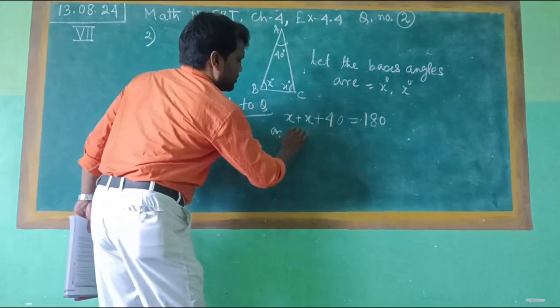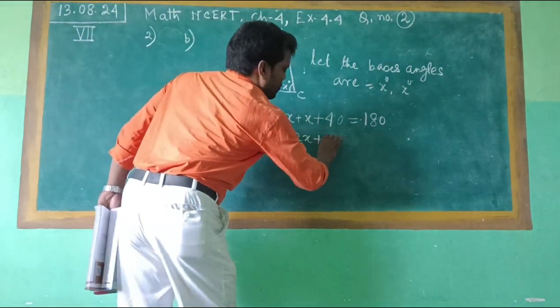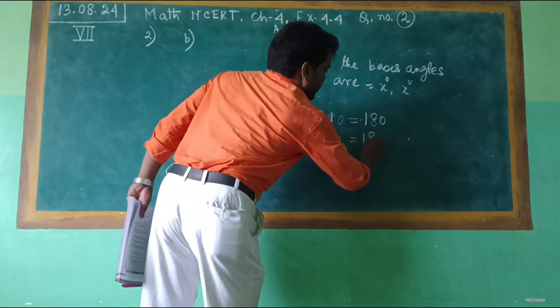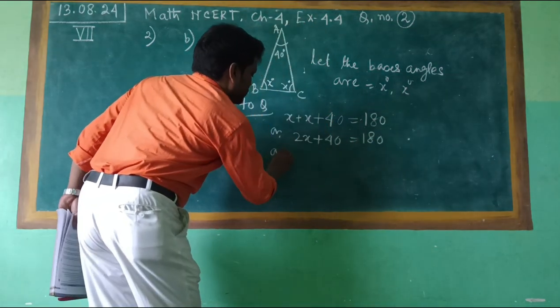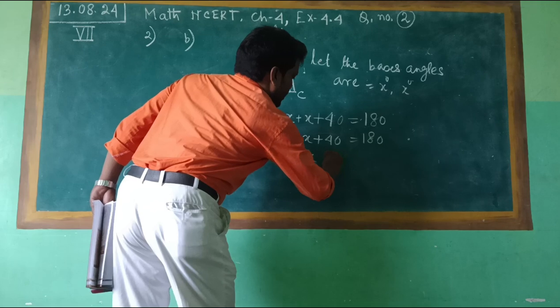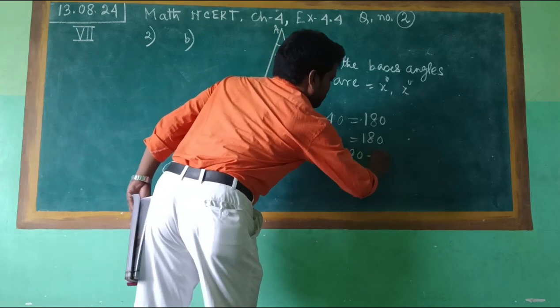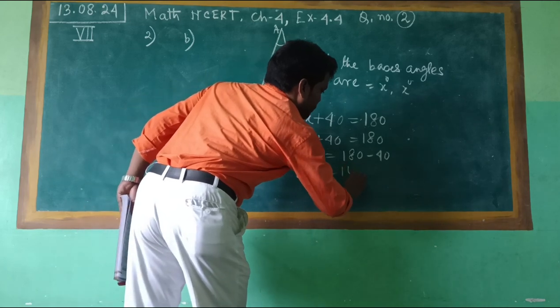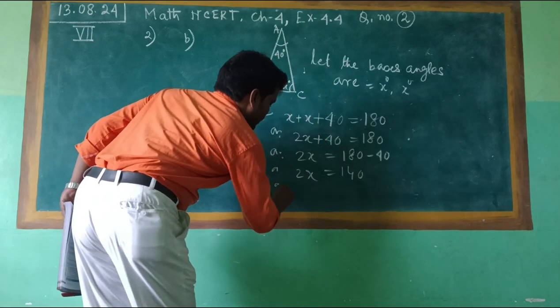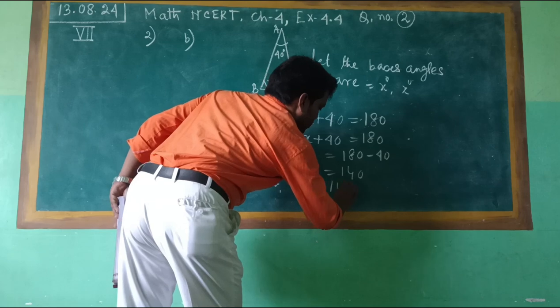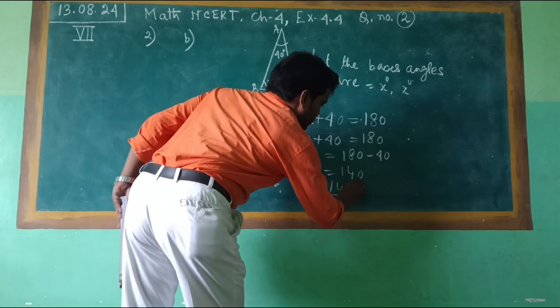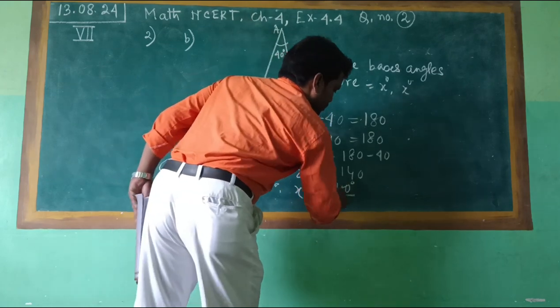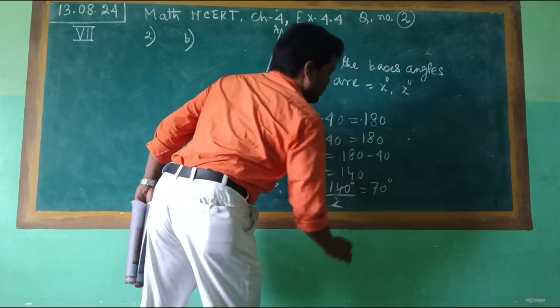Now find the value of x. 2x plus 40 equal to 180. Transpose 40 to the right hand side, so 180 minus 40. 2x equal to 140 or x equal to 140 divided by 2. Now mention degree. That means 70 degree.